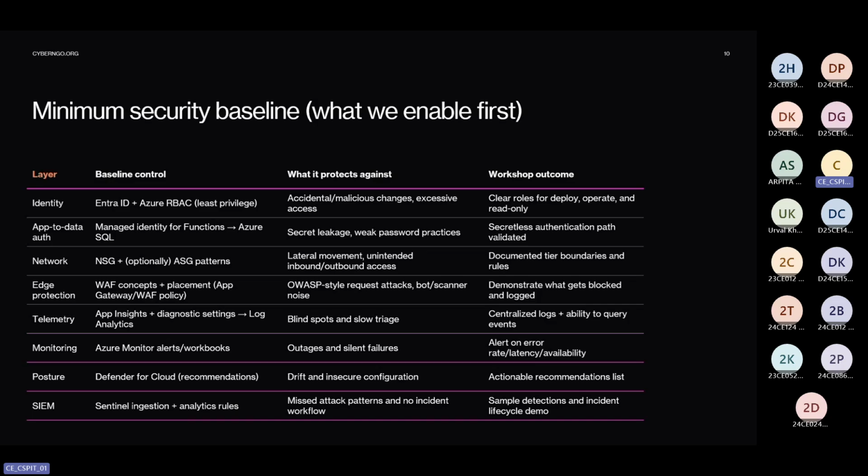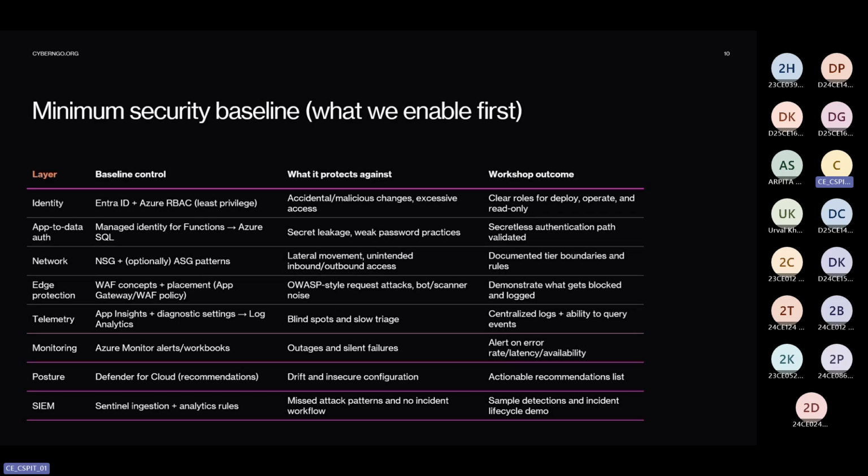Identity, some baseline requirements: least privilege all the time, Entra ID, and use Azure RBAC properly with the least privilege possible for user, application, and any other group access or different type of access, because this is the first logical security protocol that you can apply. What does it really do?